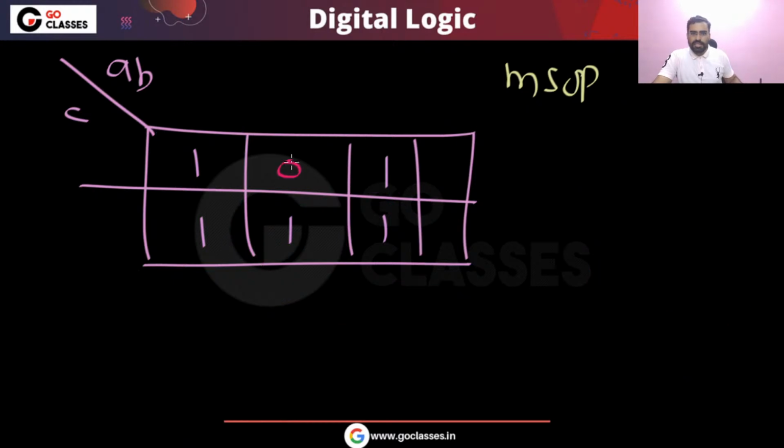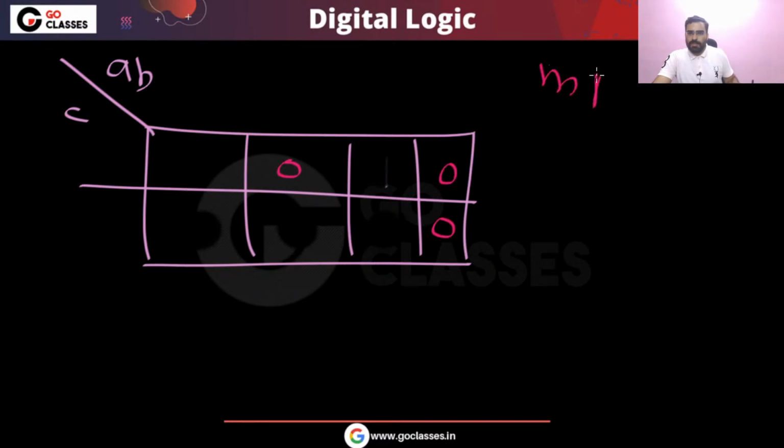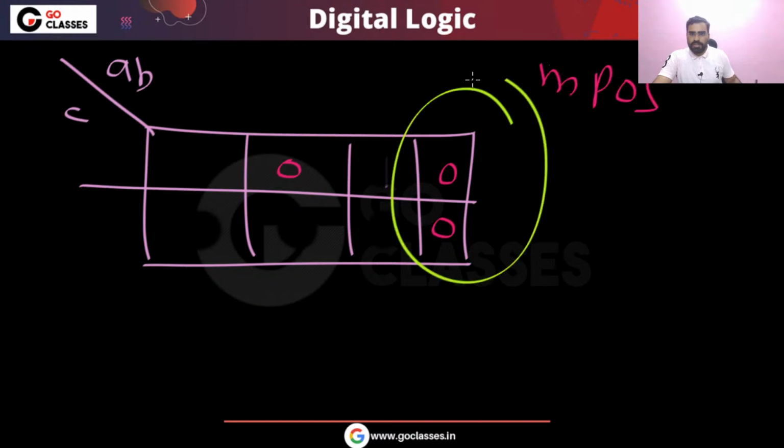But you can notice there is a unique POS. If you just focus on zeros, there will be a unique minimum POS. You can just check it out, this and this.